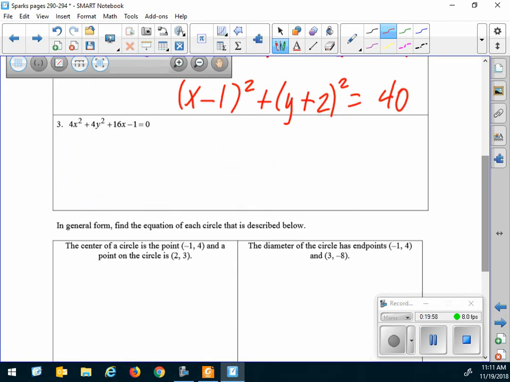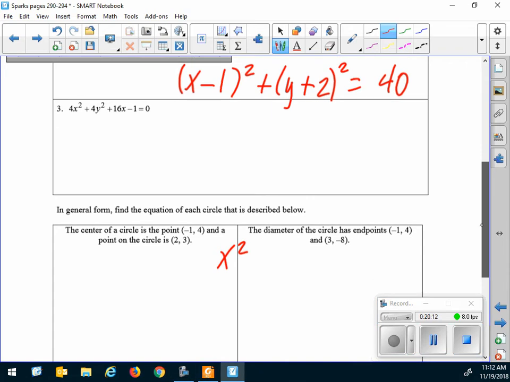Yep, FOIL it. Hey, Catherine. All right, let's clean her up. What have we got? X squared.